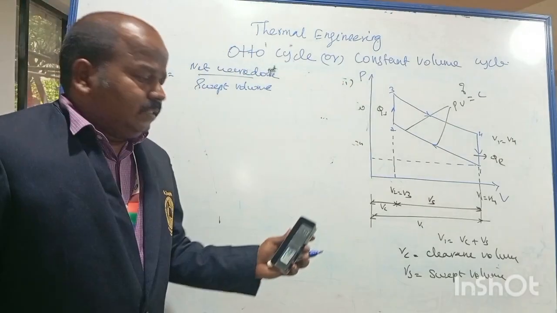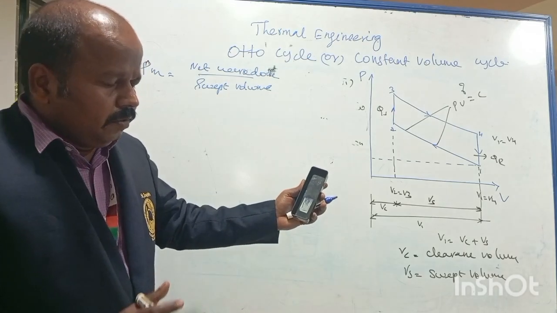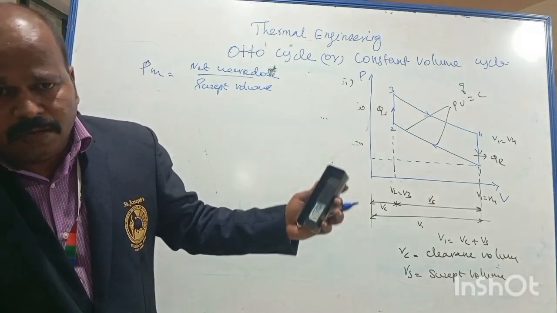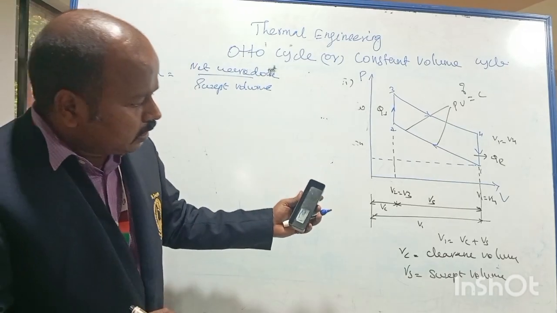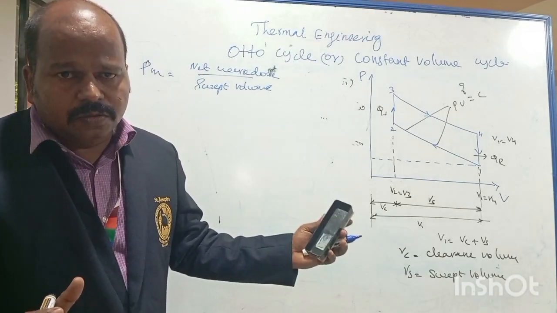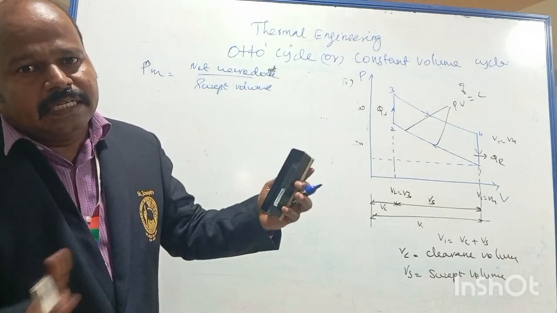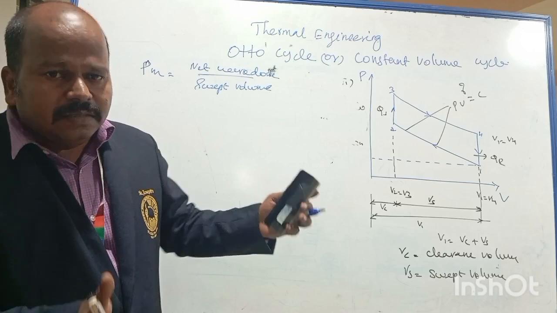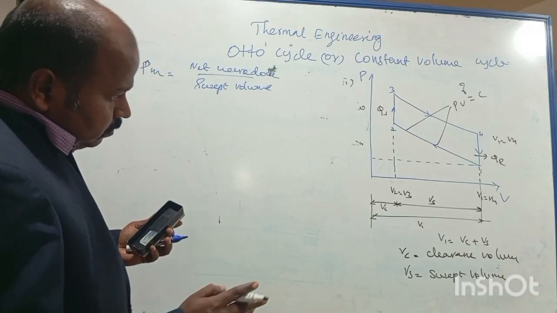I will tell you the definitions. Swept volume is the volume occupied while the piston moves from top dead center to bottom dead center. And clearance volume is the gap between top dead center and the top of the piston at the end of the compression stroke. That volume is the clearance volume.